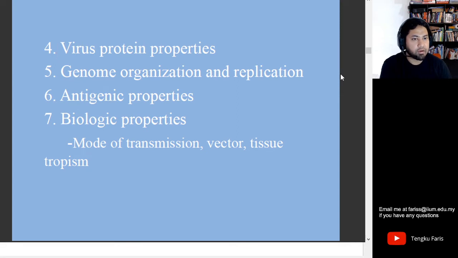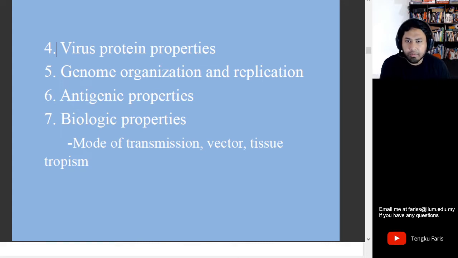Again, we have the viral protein properties. We have the genome organization and replication, which is unique to a certain type of virus. We look also at the antigenic properties and biologic properties. How are they transmitted? What are the vectors? Do they have intermediate vectors in between? Tissue tropism. So these are the things that determine how we want to classify the virus.